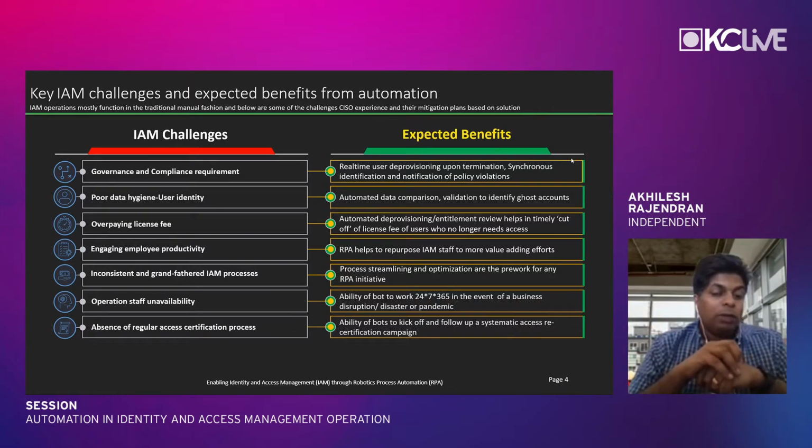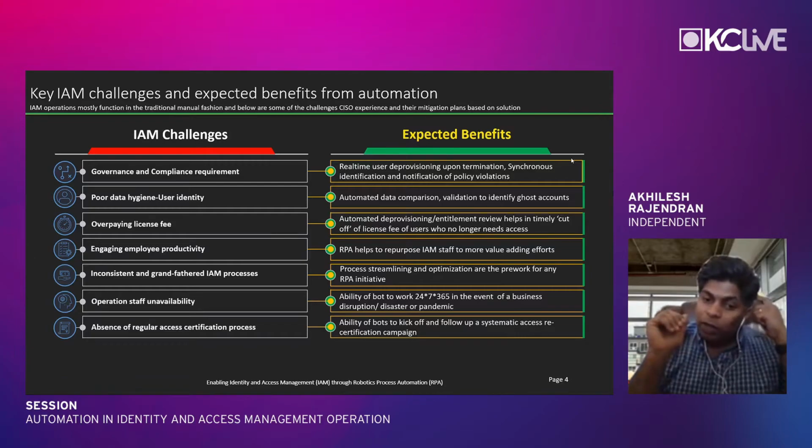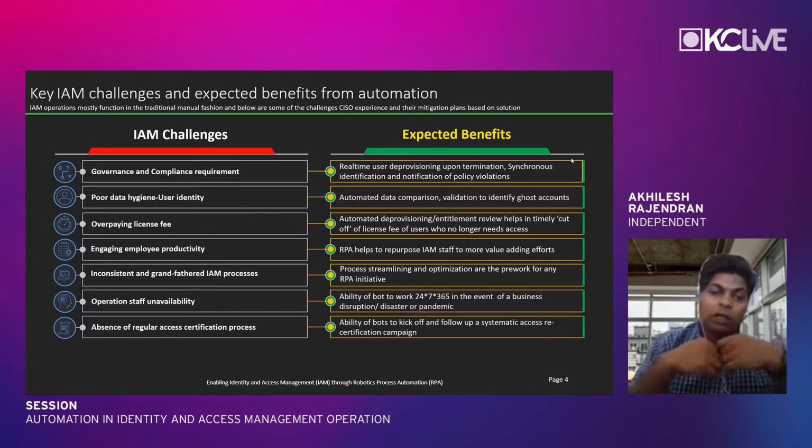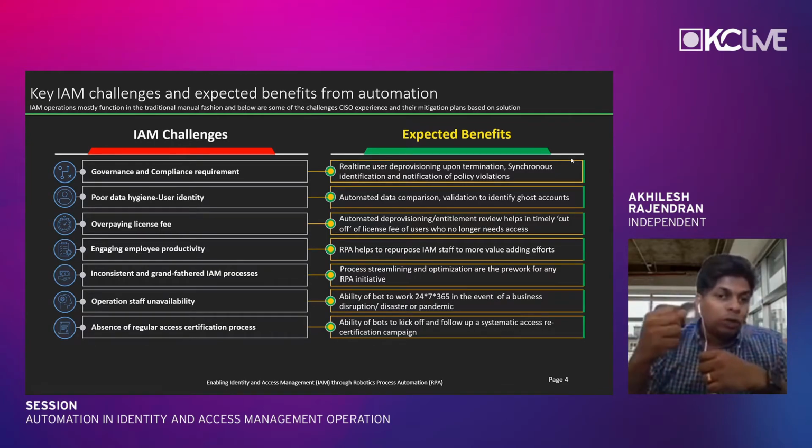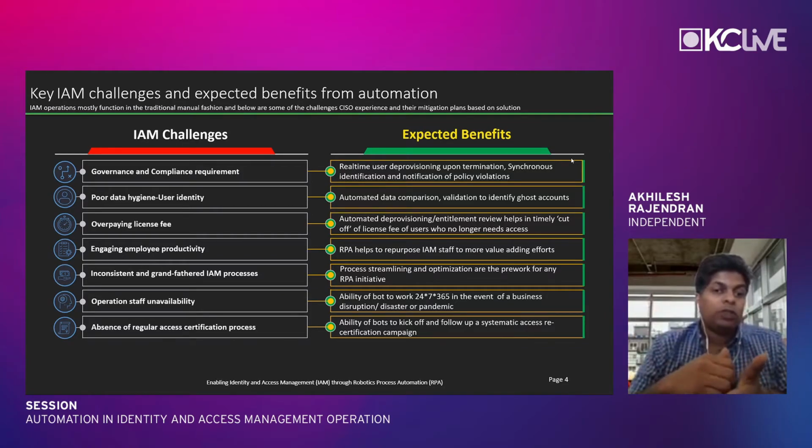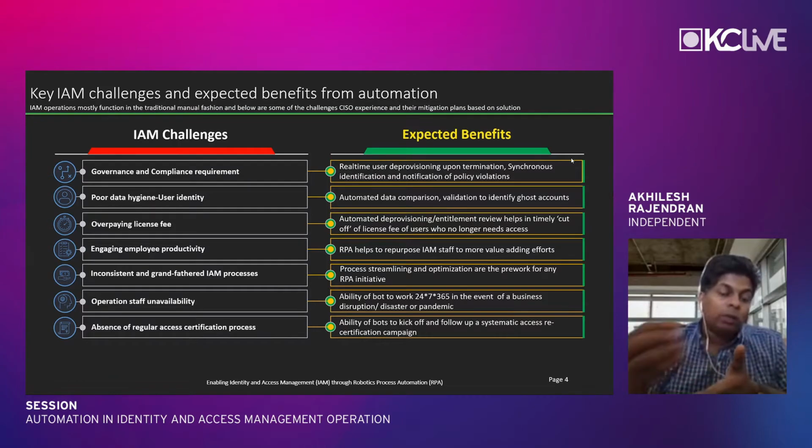Operation staff availability, especially in this pandemic, where in the past year the number of contracting staff, temporary staff, or furloughs, all of that has to do with identity. They have to temporarily deprovision or engage or provision identities on a large scale.